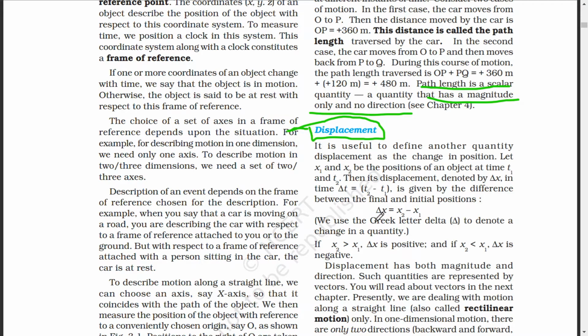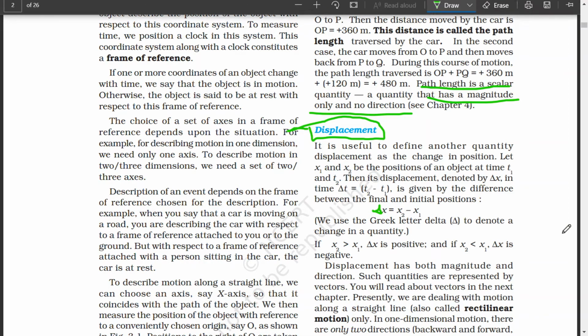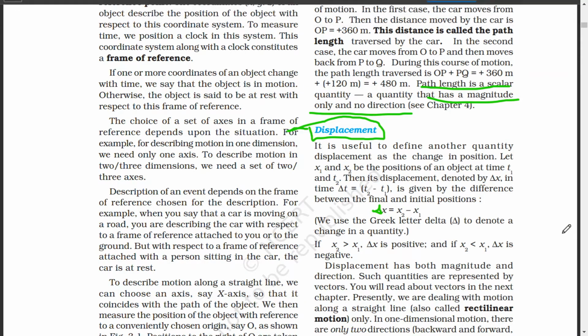What he's telling is that this delta shows a difference. What is the difference? What was the initial position and what was the final position? So the difference between the final position and initial position is represented by delta x.